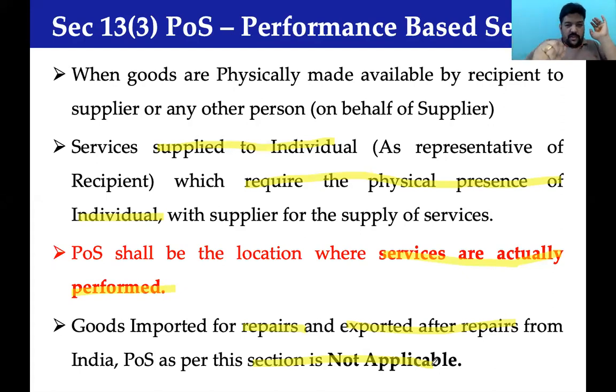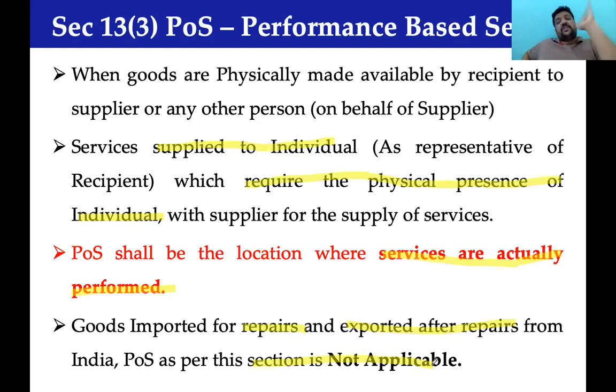They bring the goods, process the goods, convert them into finished goods, and send them back outside India without use. Without use is a crucial phrase. Again, exported back without use, after repairs, after processing, after anything, then this section is not applicable.